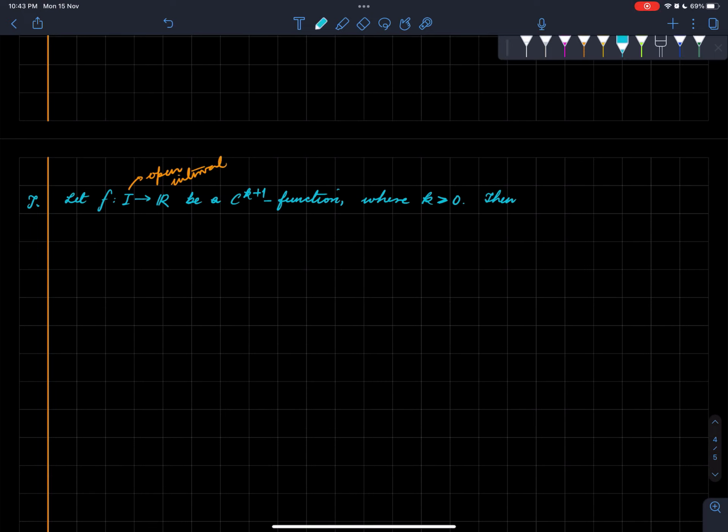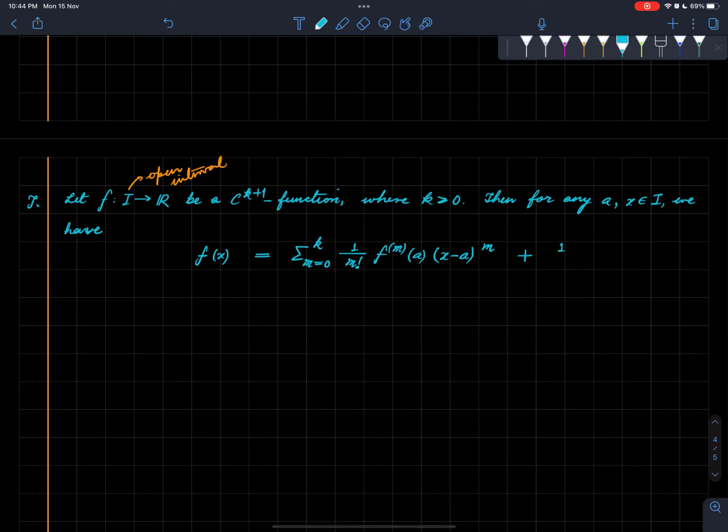Then for any a and x in I, we have f of x equals the polynomial part plus the remainder part, where the remainder part will look a little different, a little bit more civilized than it did in the previous formulation.